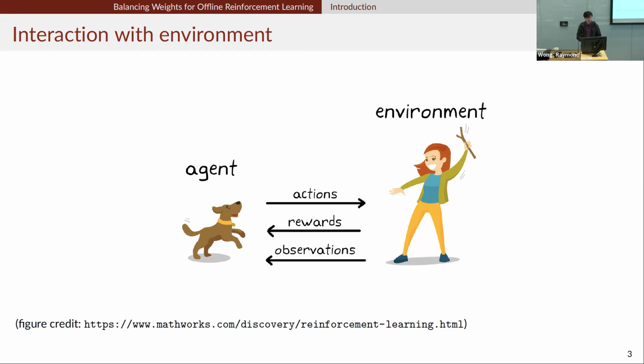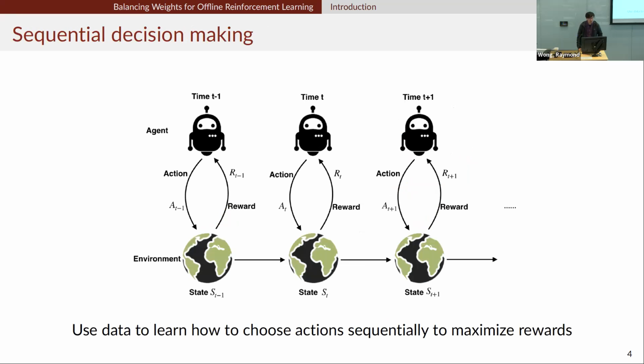And then according to a strategy, which is also known as policy, the agent will take an action according to the observations. Then the environment provides feedback in terms of rewards. In reinforcement learning, such interactions happen in a sequential manner, which leads to a sequential decision-making problem. So the goal of reinforcement learning is to use data to learn how to choose the actions to maximize rewards.